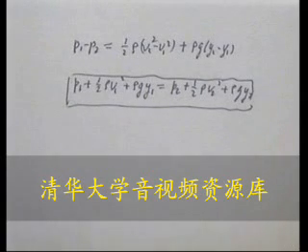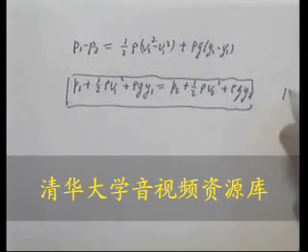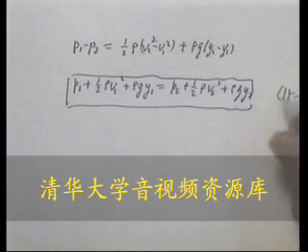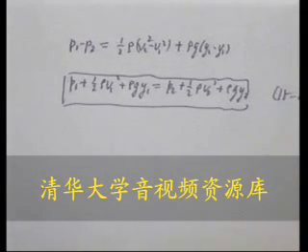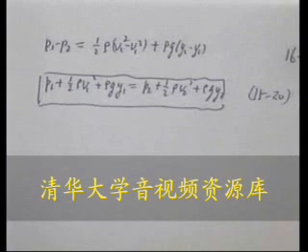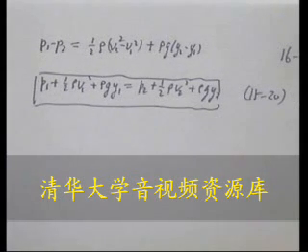That's called the Bernoulli's equation. That's 15-20. This is a very useful formula.